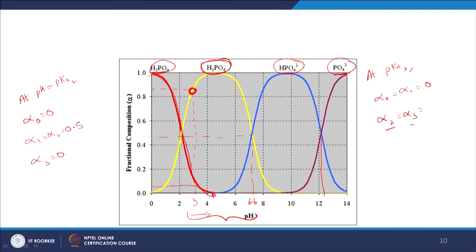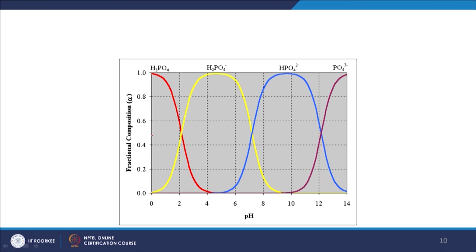That is given by alpha 2 is equal to alpha 3 is equal to 0.5, and that is what you would see here in this graph, at the 0.5 line. And so, the ionization fractions here will give you an idea about the fraction of that particular species we are talking about.